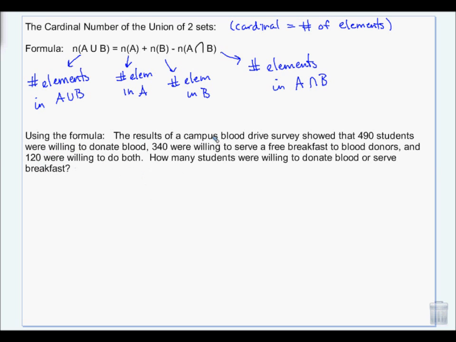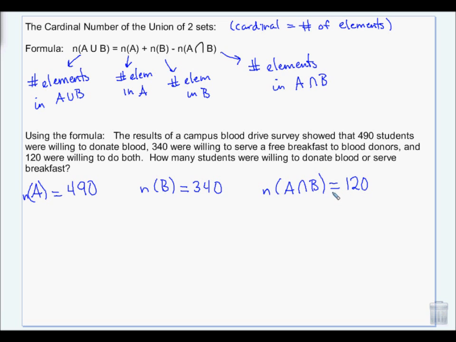Okay, so if we let set A, actually we'll say the cardinality of set A, be the blood donating students, there's 490 of them. And set B is the people that would serve the free breakfast. So there were 340 of them. And the intersection had 120 students in it, right? Because there were 120 willing to do both.